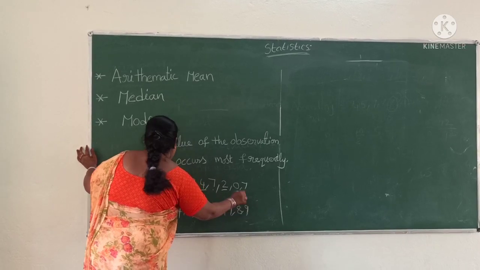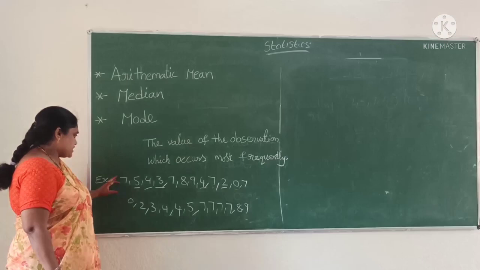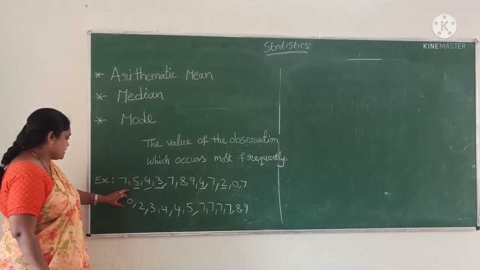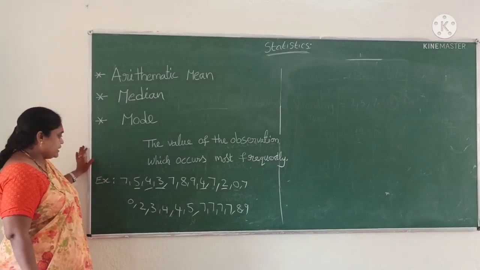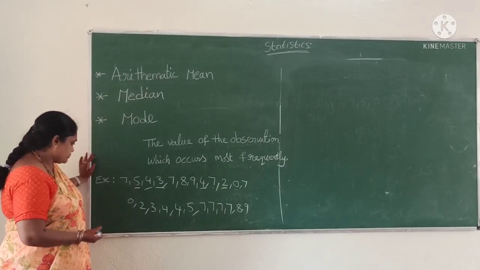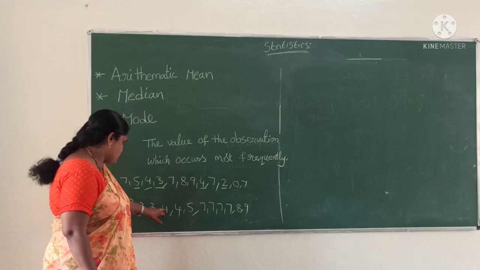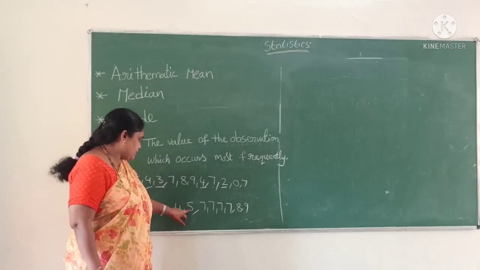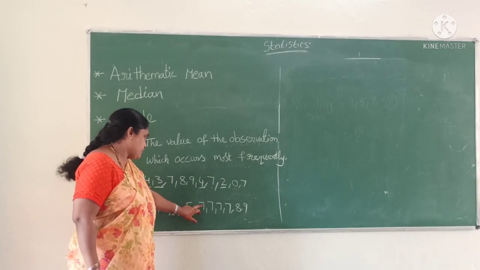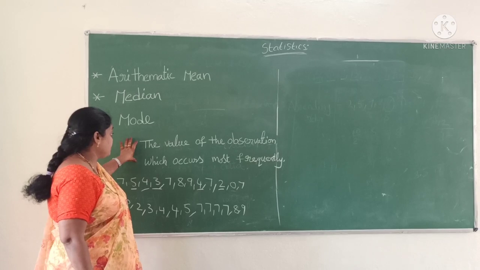And next one is 8 and 9. Okay students. First of all, we write the observations in ascending order. Now let us check the observations. Just like 0, 2, 3, 4. 4 comes 2 times. 4, 4, 5 and 7 comes 4 times. 1, 2, 3, 4 and 8, 9. Okay, what is the definition?